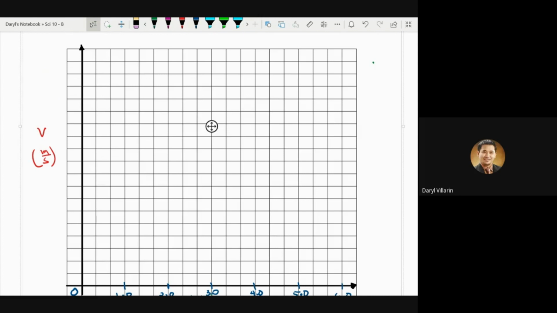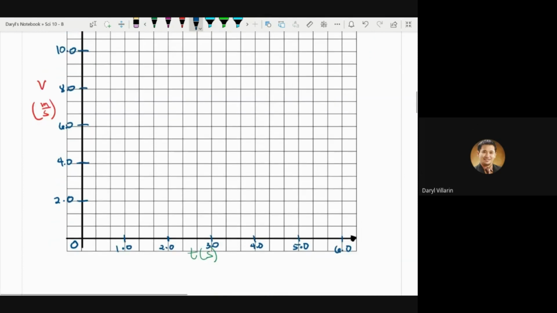So this time I'm gonna use a scale of 2: 2, then 4.0, 6.0, 8.0, 10.0, and then I can just stop at 11 or 12. Okay, so now I have my scaling.